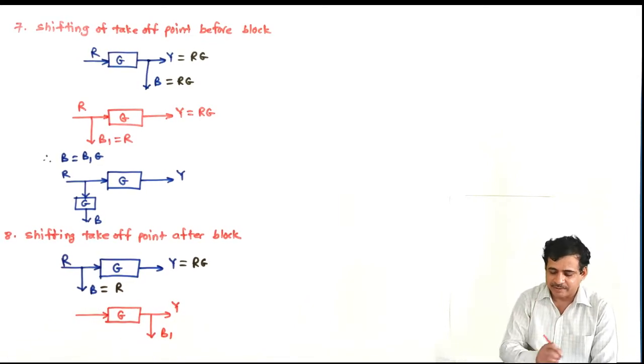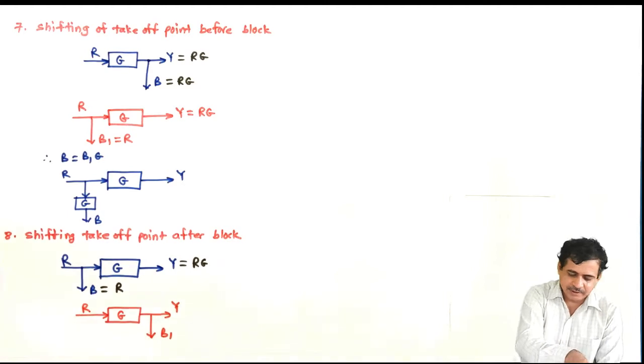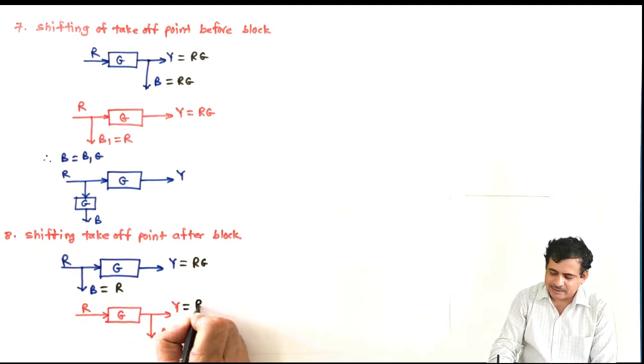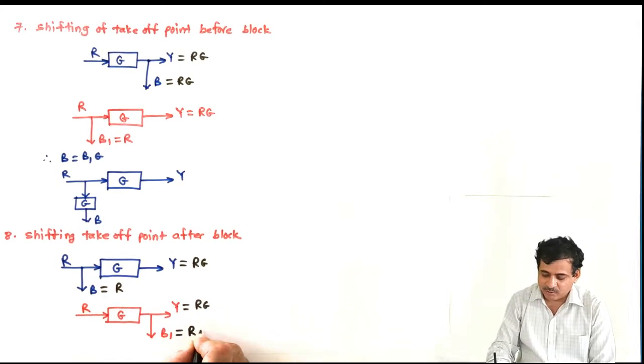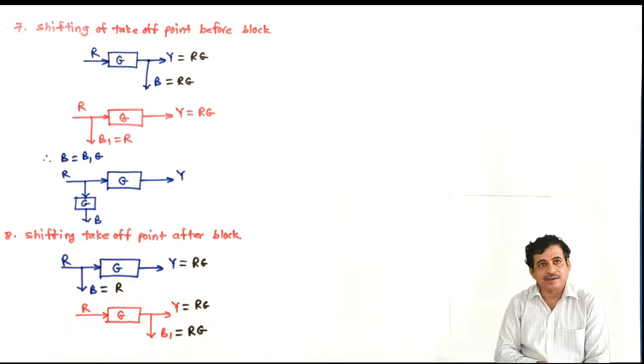But we want to make it B. So here if you see Y is RG, not altered, it is same. But what is B1? B1 is also RG, but we want B is equal to R. So we have to multiply this.